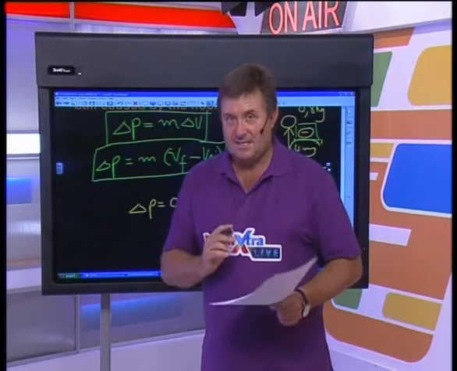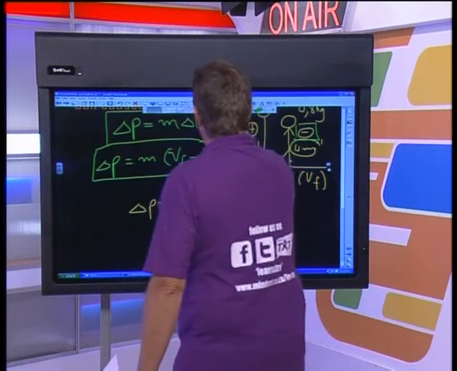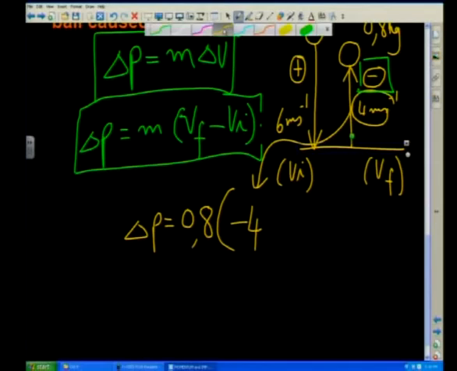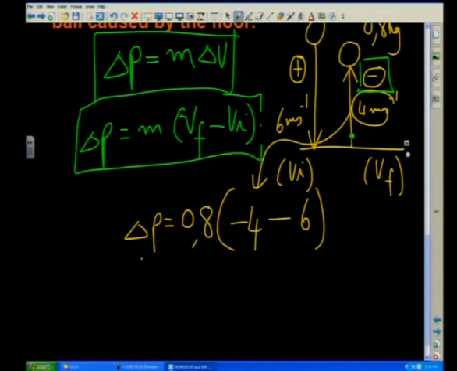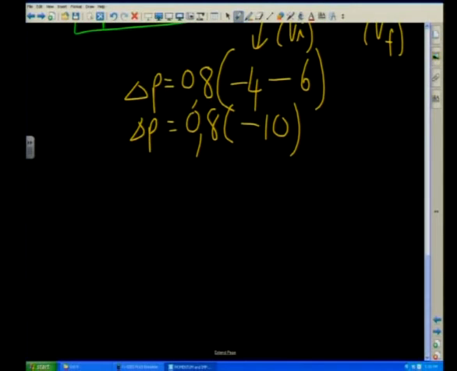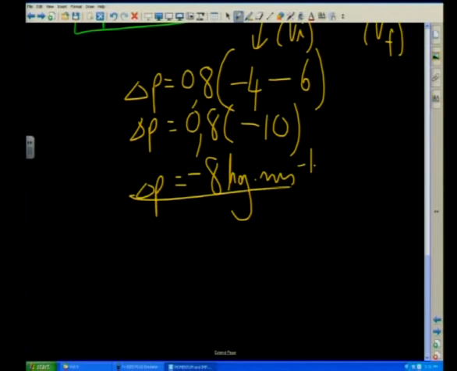It's going to be my negative direction. Therefore, my final velocity is going to be minus 4 minus my initial velocity, which is now 6. Okay? And therefore, delta P is going to equal 0.8 times minus 10. Now, that's not a very difficult calculation to do, because 0.8 times 10, delta P must now equal minus 8 kilogram meter per second.